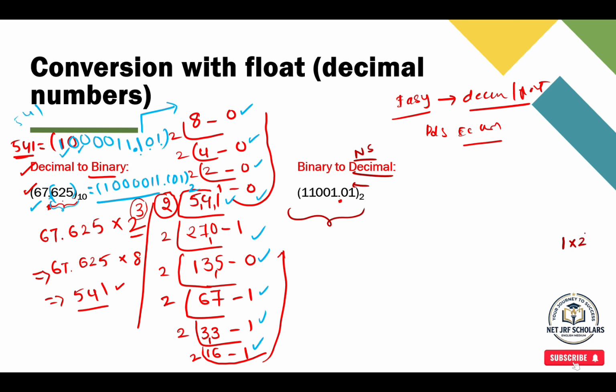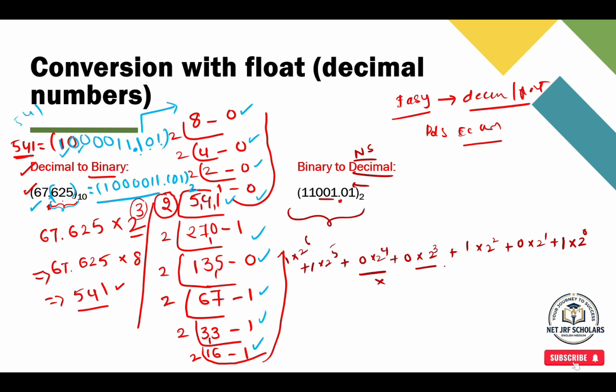So 1 into 2 to the power of 0 plus 0 into 2 to the power of 1 plus 1 into 2 to the power of 2 plus 0 into 2 to the power of 3 plus 0 into 2 to the power of 4 plus, 2 zeros are covered, 1 into 2 to the power of 5 plus 1 into 2 to the power of 6.